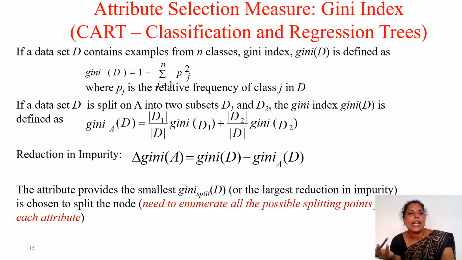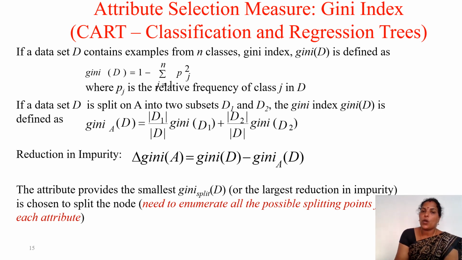Gain ratio as well as information gain can be used for multi-valued attributes, they work for all cases, but if you want to construct a binary decision tree, then we have to go for the Gini index. If a data set D is split on A into two subsets D1 and D2, then Gini A of D is defined for each and every attribute.